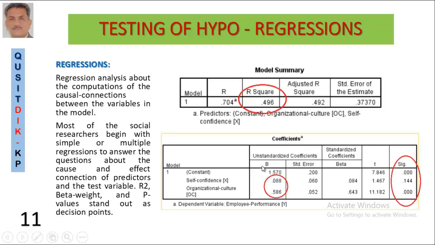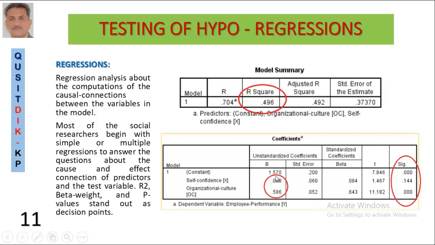Now, to check the role of each independent variable separately, we come to the next table, coefficients of regression, where we can see that self-confidence has an insignificant p-value, which means that its role in the change process is insignificant. While organizational culture has a significant p-value, showing that it has a role not only at the sample level, but it can be used as an estimate of the parameter, the true estimate.